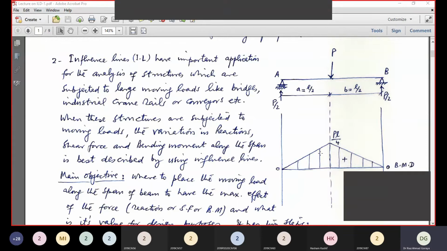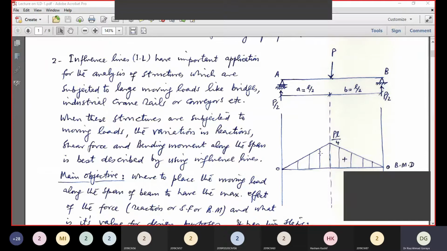Firstly, you have to understand that influence lines are drawn where the moving loads are dominant. They have more impact than the dead loads. Secondly, these are drawn for knowing the variation in reaction, shear force, bending moment, and so on, even for displacements.